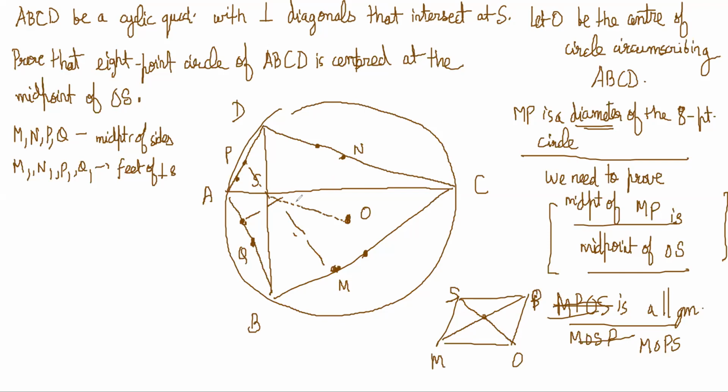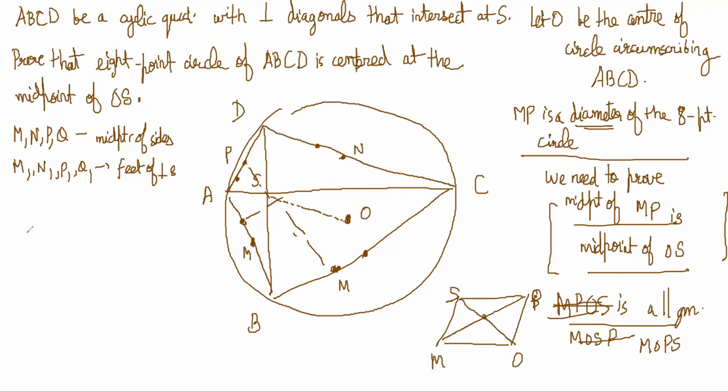So let's think about it. M is the midpoint of chord AB. Okay, that is why my figure was wrong. M is here. O is the center of the circle ABCD, so OM is perpendicular to AB.